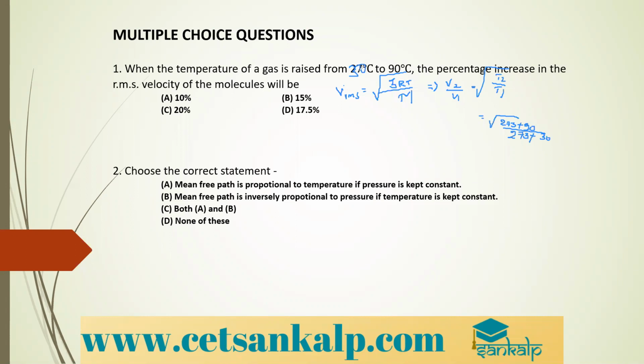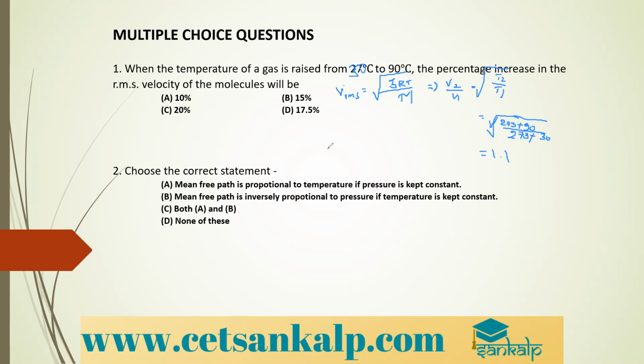So V2 by V1 is equal to the square root of (273 + 90) divided by (273 + 30). If you simplify this, you will get 1.1.